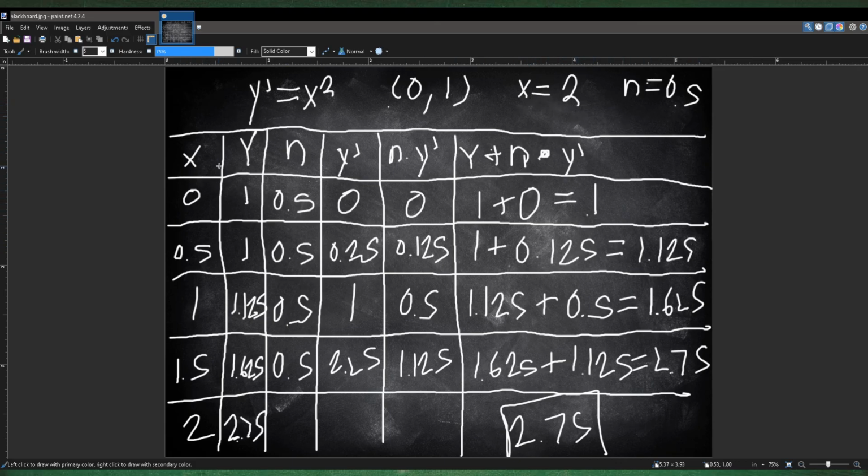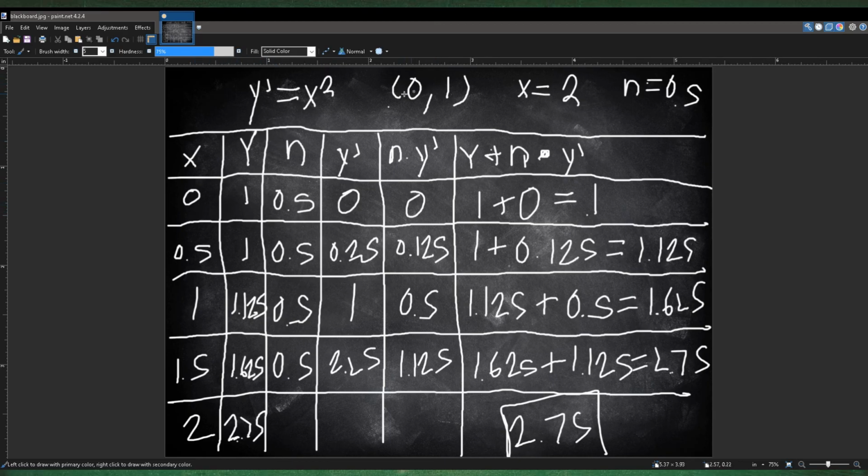Then you make this chart: the x value, the y value, your step size times your derivative, and your y value plus your step size times your derivative. You basically follow these equations.